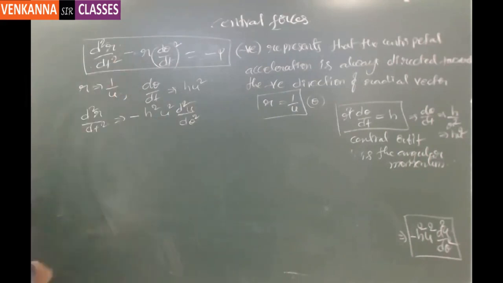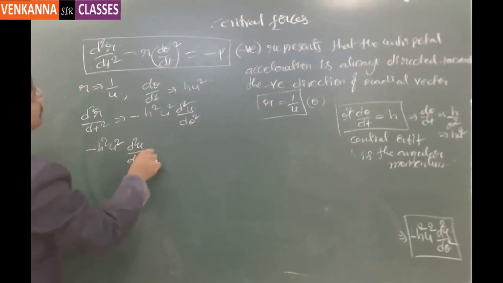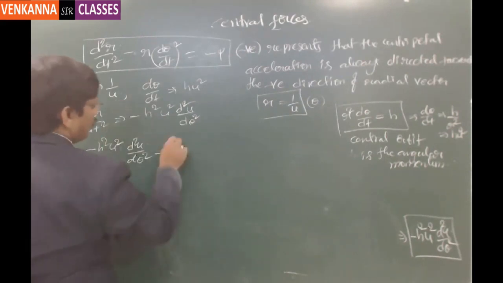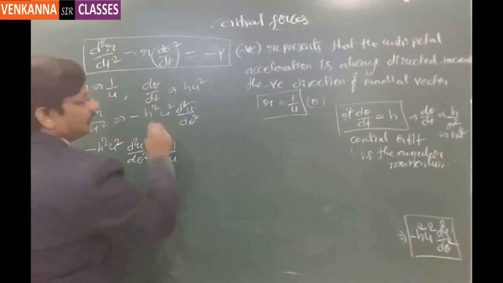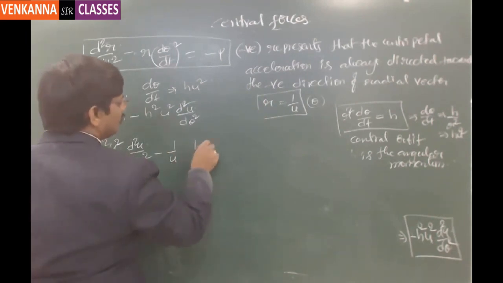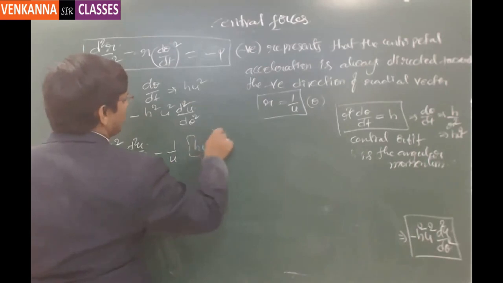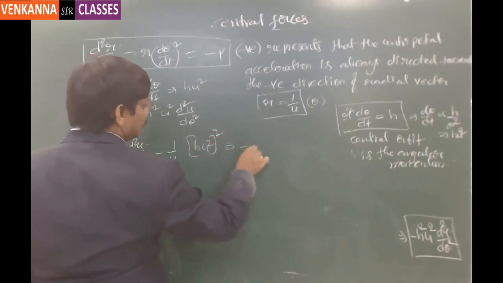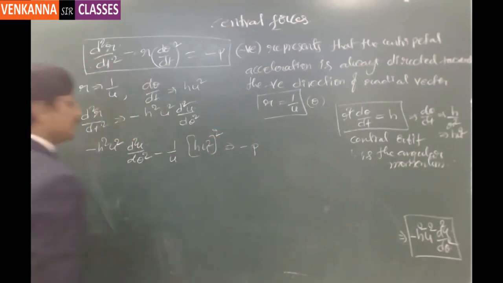Now if you replace it there, minus h square u square into d square u by d theta square, minus r, meaning 1 by u, into d theta by dt, which is h into u square, whole square, is equal to minus p, where p is the central acceleration.